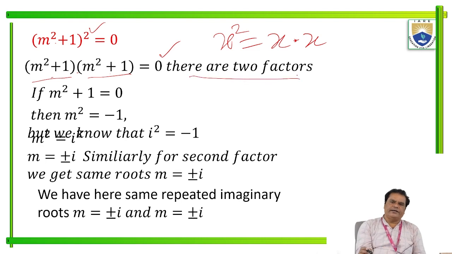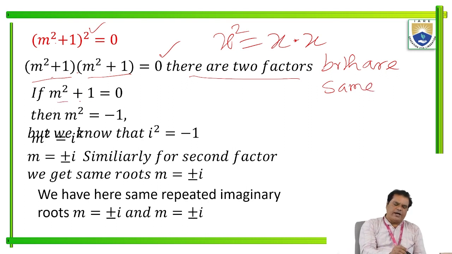There are 2 factors, and both are the same. If m^2 + 1 = 0, then m^2 = -1.